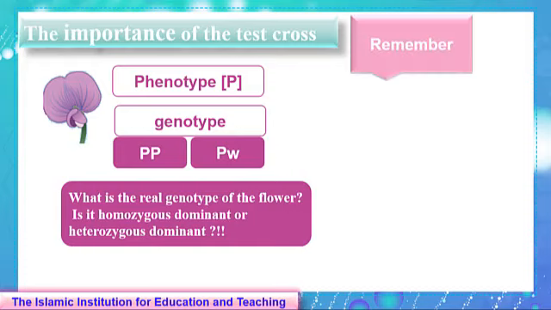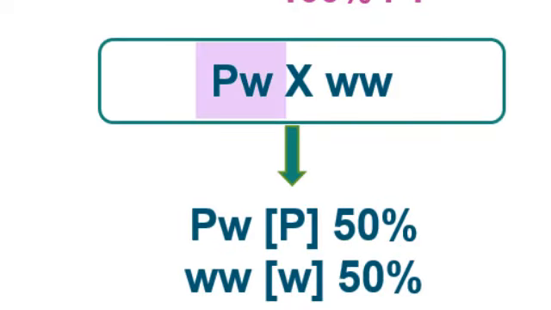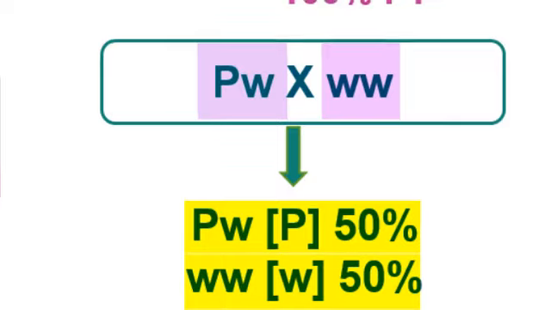Let's recall these crosses. When two parents of pure race are crossed, the result is 100% hybrid descendants, PW. But when one of them is hybrid and the other is pure, then the results are 50% hybrid descendants and 50% pure descendants.